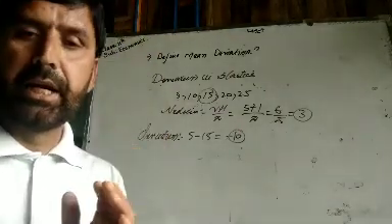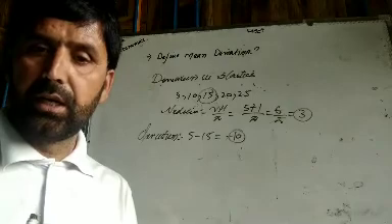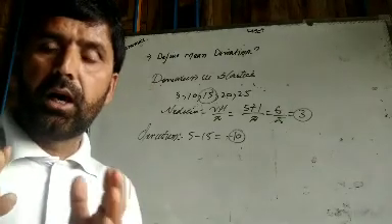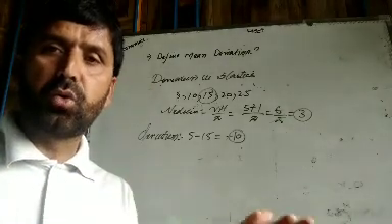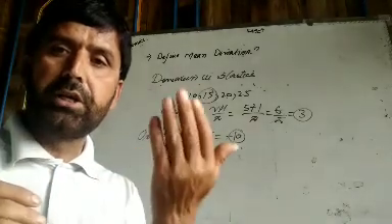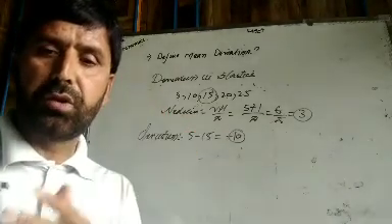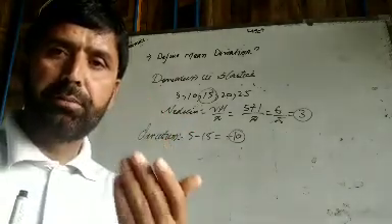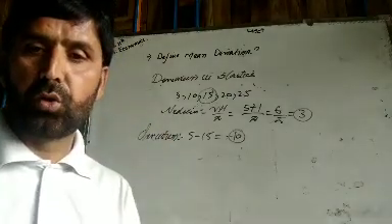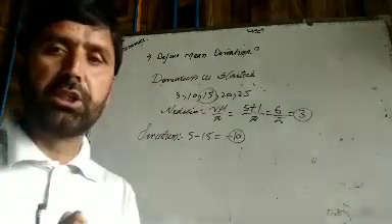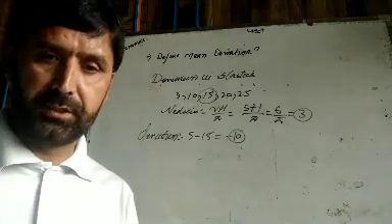Similarly, 10 minus 15 is equal to 5. 15 minus 15 is equal to 0. 20 minus 15 is equal to 5. And 25 minus 15 is equal to 10. So these are the deviations of this series.